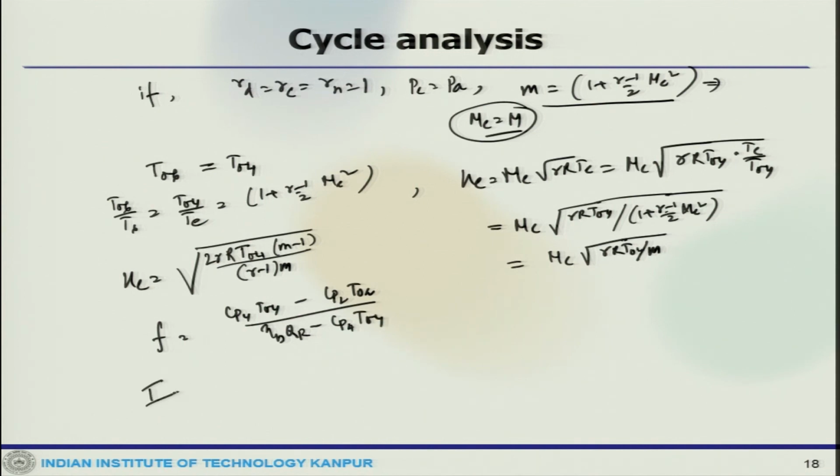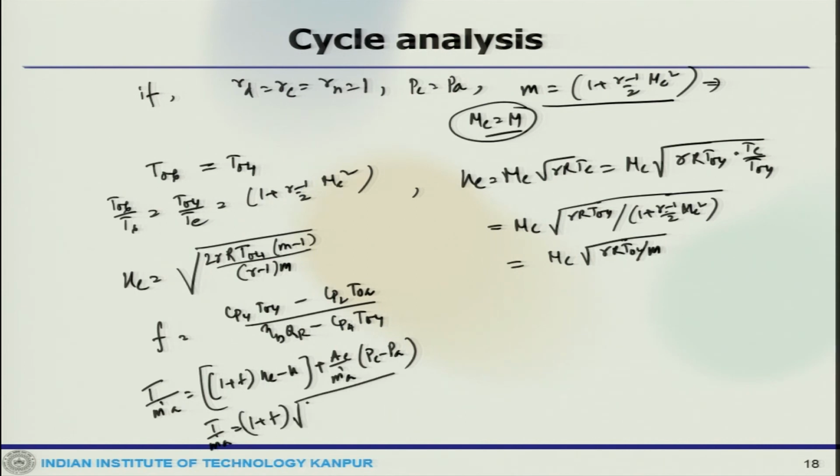And for the specific thrust F by m dot a, we use u equals M root gamma R T, then this becomes 1 plus f times square root of 2 gamma e R T naught 4 (m minus 1) by (gamma minus 1) m, minus M square root of gamma R T a, plus P e A e by m dot a times 1 minus P a by P e. So, that is the specific thrust expression.